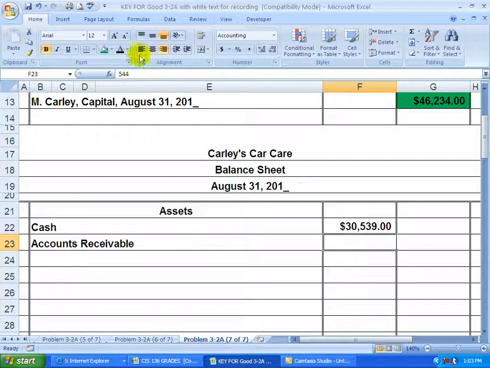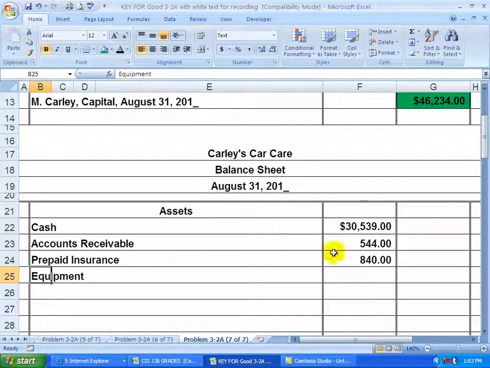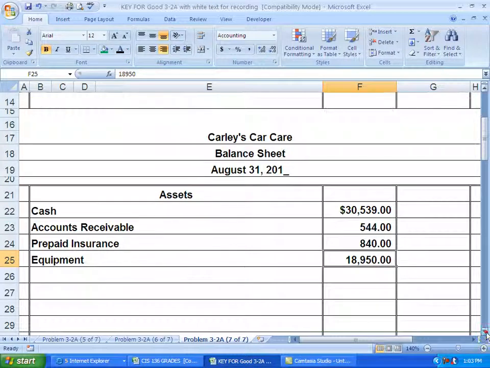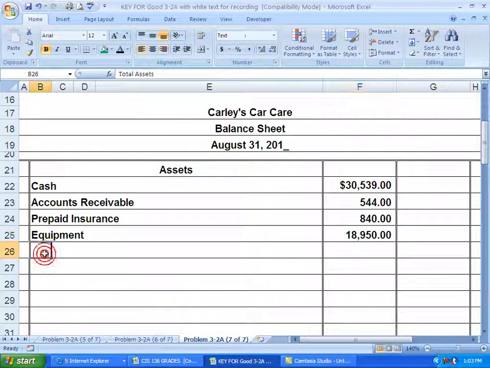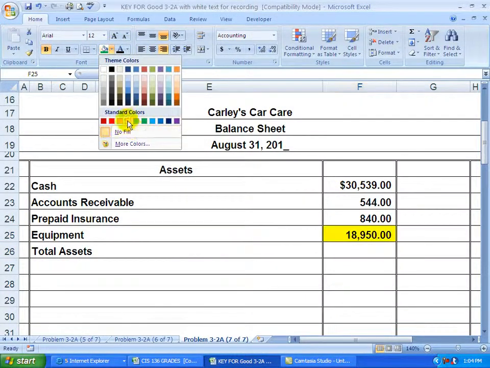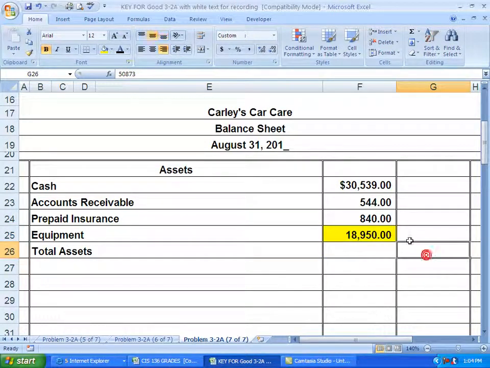Accounts receivable, looking at your trial balance, prepaid insurance, equipment, and then we're going to total the assets, so we're going to draw a single line under this yellow number, and we're going to put our total assets over here.